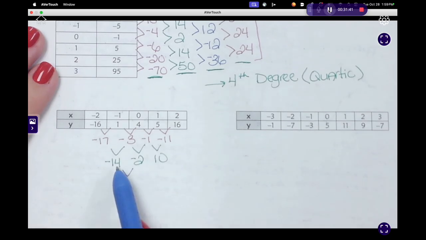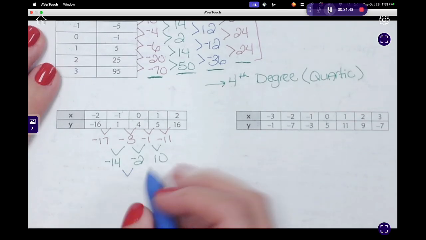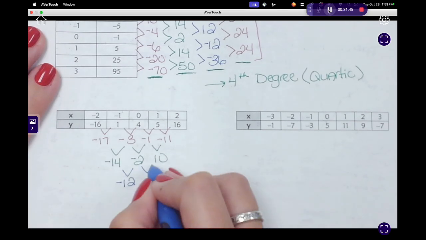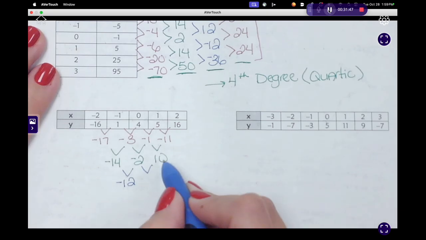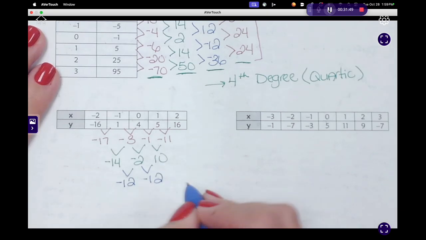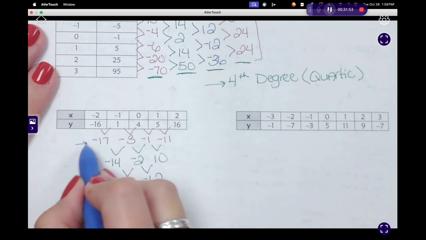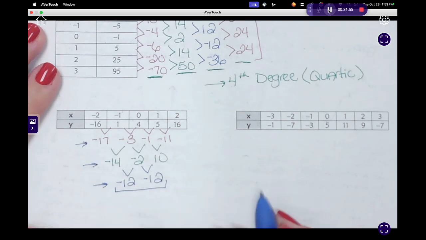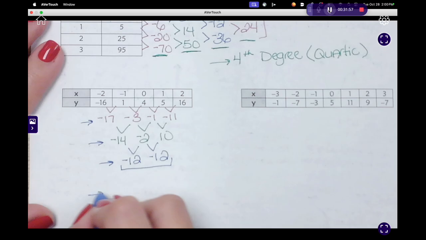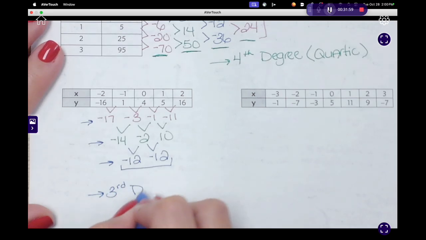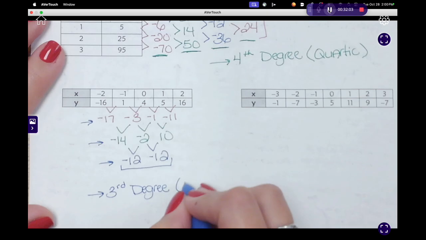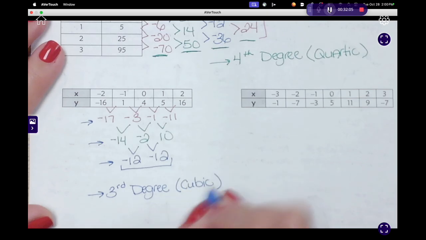So I have negative 14 minus a negative 2 is negative 12. And then negative 2 minus 10 is also negative 12. So there, that's where we have the same numbers. So this was 1, 2, 3. So looking at that, that would be the third degree. And if I ask you to name that one, remember third degree, that would be a cubic polynomial.